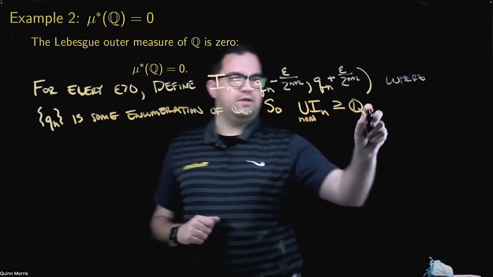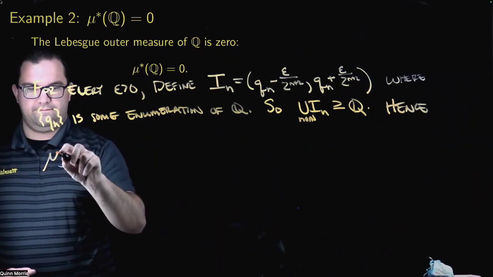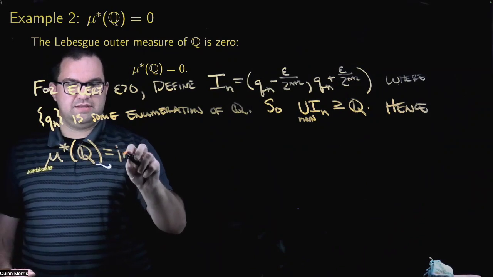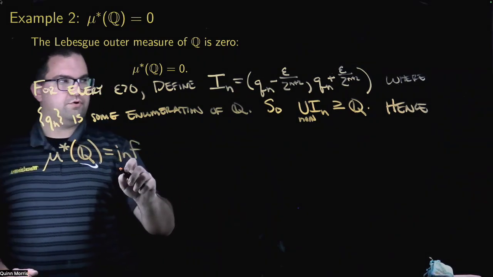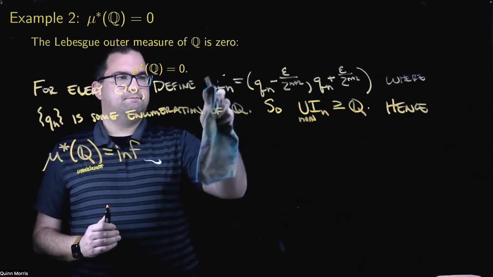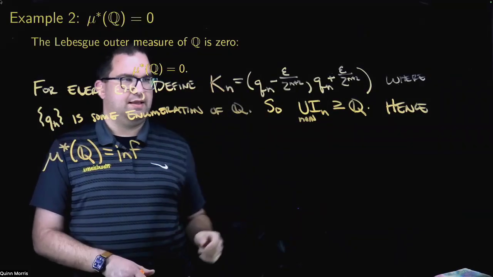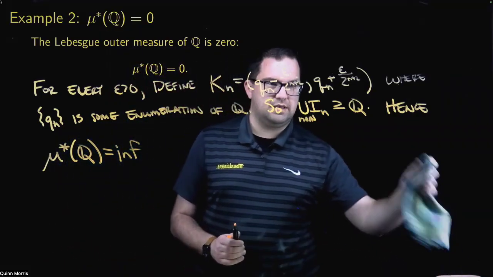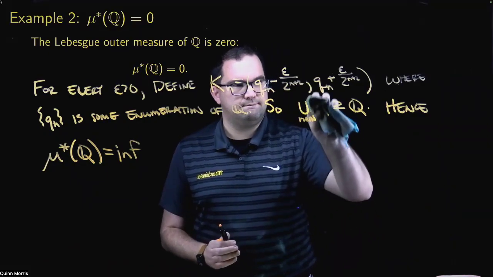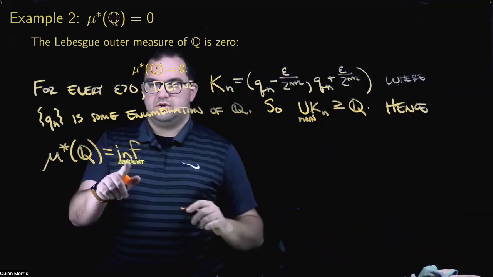All right. So then what can I say about the outer measure of Q? Okay. Well, by definition, that's the infimum over, and actually, sorry, I need to call these not I_n. We'll call these sets K_n, capital K_n.